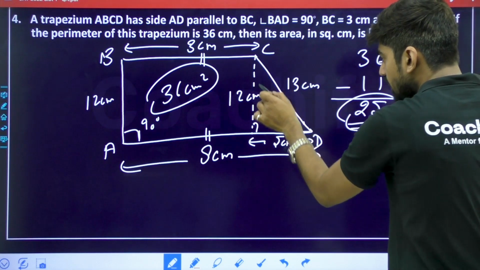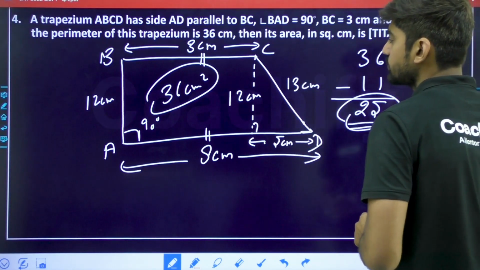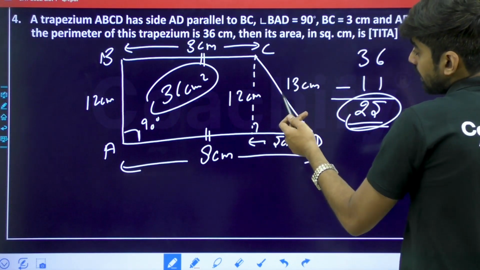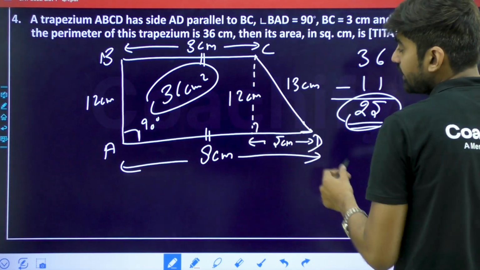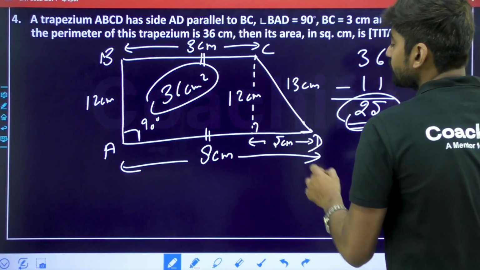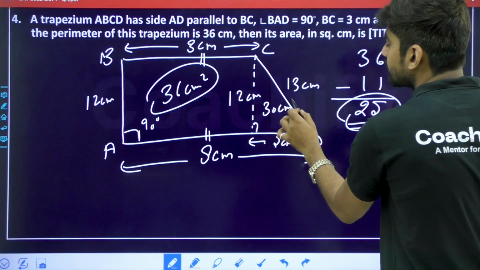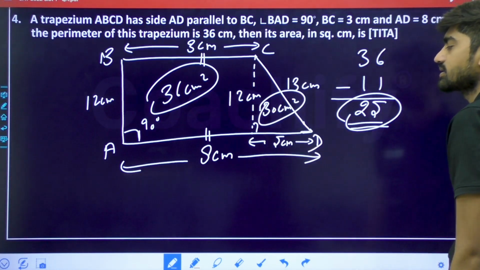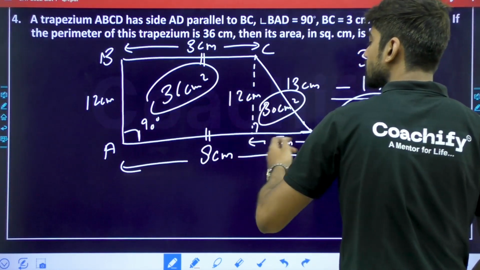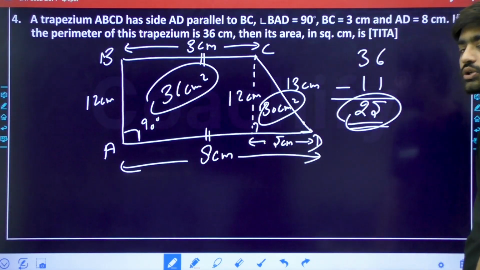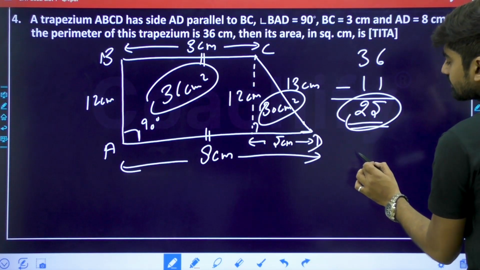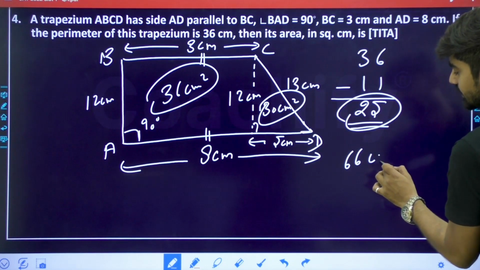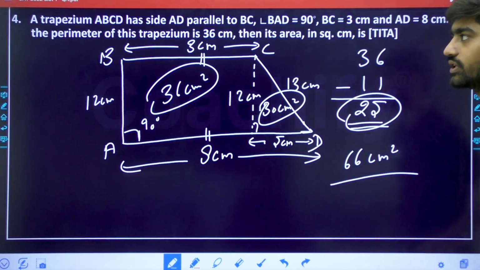Now I have to find out the area of this triangle, which is half base into height, which is 6 into 5, that is 30 centimeters square. Now to find the total area, I simply add the two areas. So 36 plus 30 becomes 66 centimeters square. That's my answer for this question.